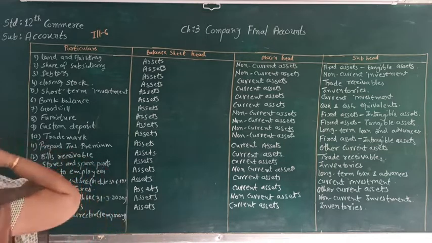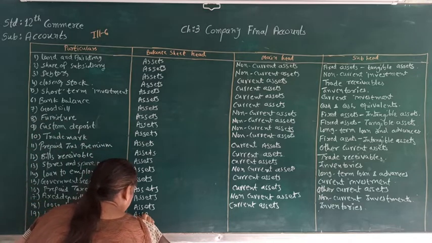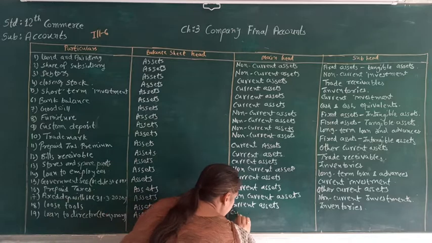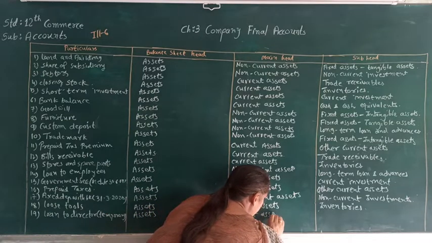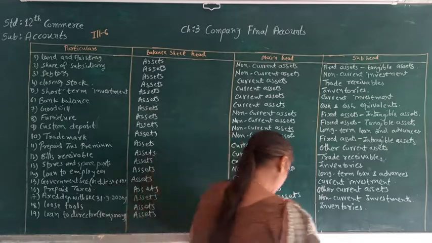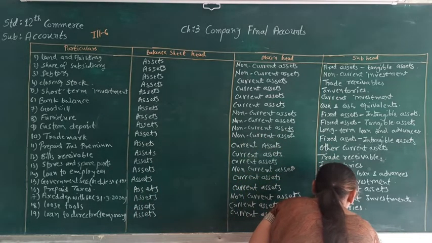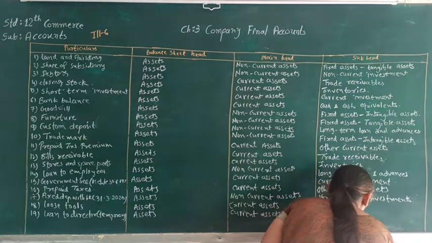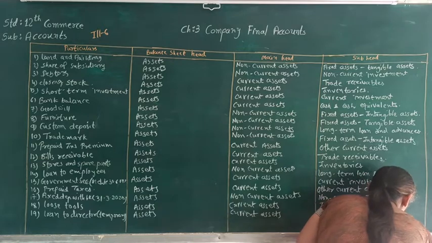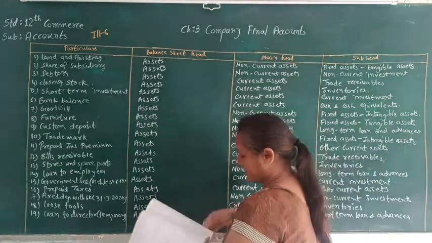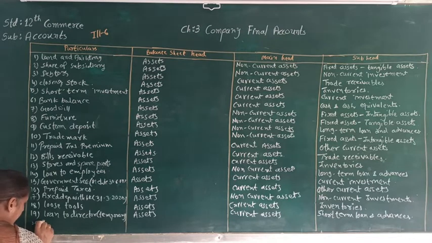So temporary loan will be current asset, and it will be shown as short-term loans and advances. Now let's see the last one, that is investment in provident fund.